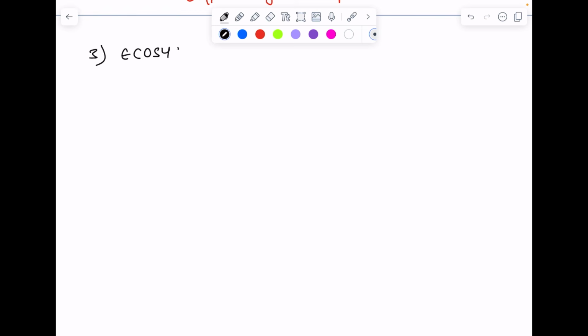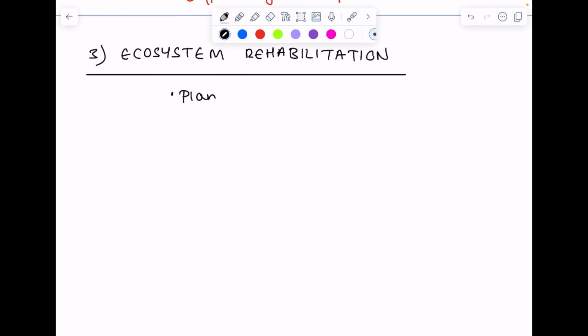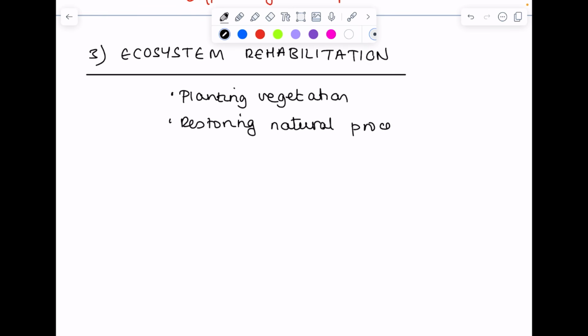Ecosystem rehabilitation. So this is planting vegetation and restoring natural processes. Advantages of this is that it enhances the natural appearance, so it's a nice, pretty approach to preventing coastal erosion as opposed to building something like a seawall or fitting gabions.